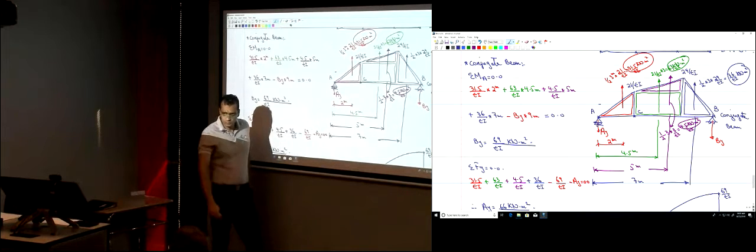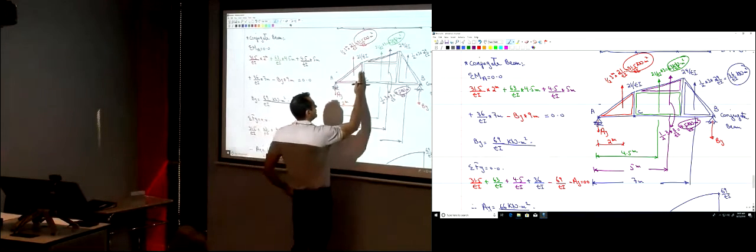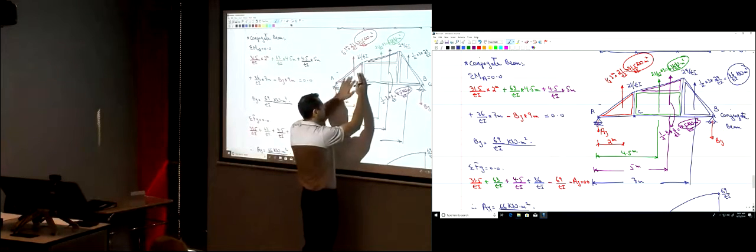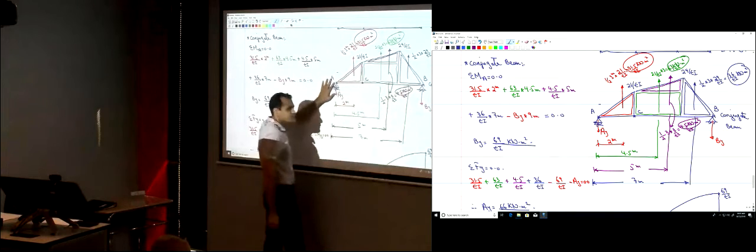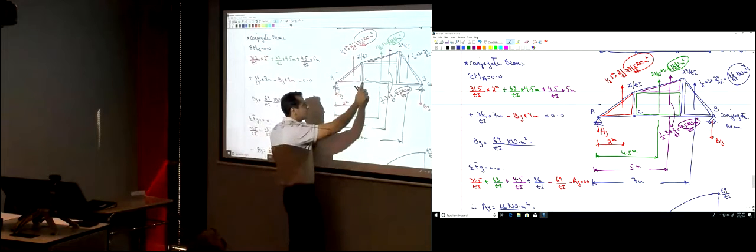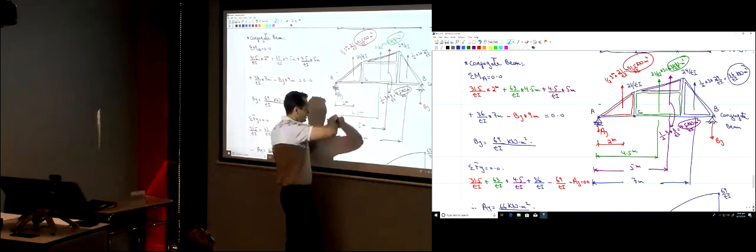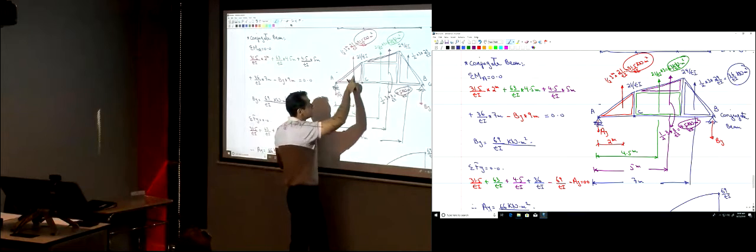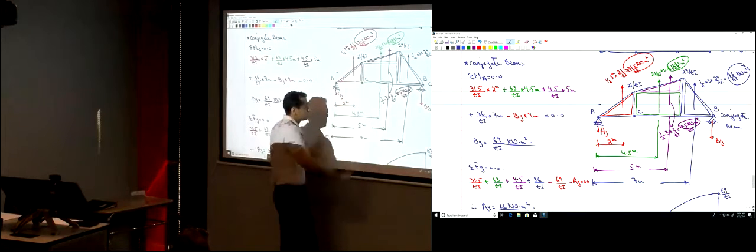Take a section at that point, right? So I'm going to take a section here. Which part would you study, the left part or the right part of point C? The left part. So taking moment at point C here, you're going to have AY times its distance, and then this force times its distance. Okay?